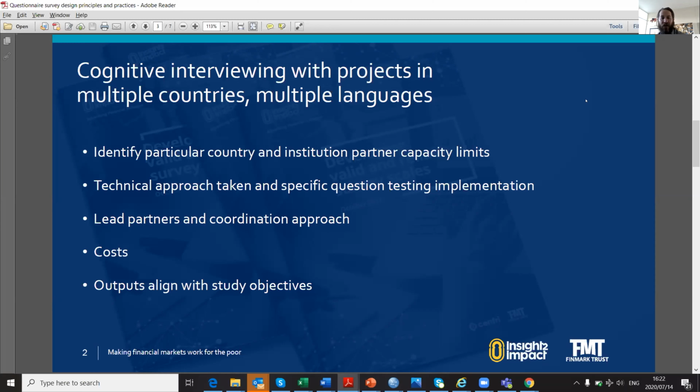We did a project where we took the iterative approach that Iska was talking about, where you learn a bit from testing the questionnaire wording in the first round, and you go back and you improve the question wording, and then you test it again.